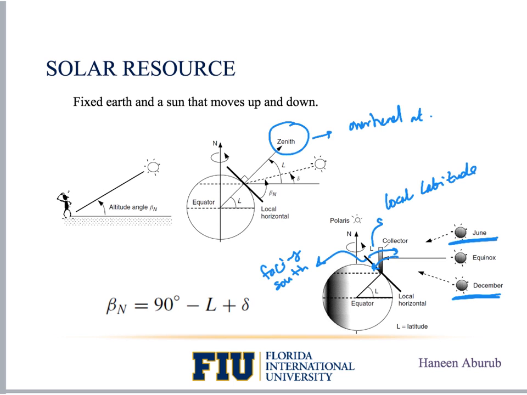Based on that, our altitude angle that we talked about before when we discussed the air mass ratio equals 90 degrees minus the latitude plus delta, which we described before as the declination.